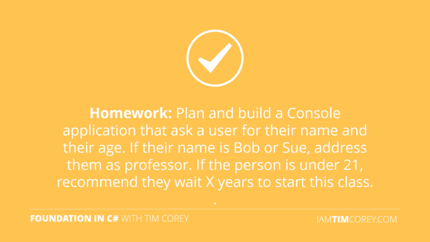Next, if the person is under 21, recommend they wait X years to start this class. Meaning, if they're 18, you should wait 3 years to start this class. But remember the previous requirement, if their name is Bob or Sue, address them as professor, which gets a little weird. So, for example, if Bob was 19, we would say, Professor Bob, I recommend you wait 2 years to start this class.